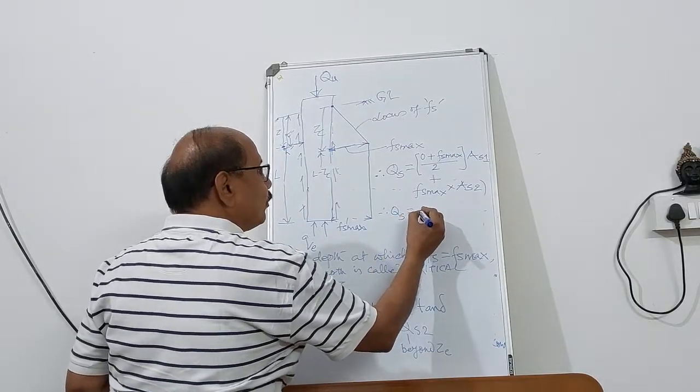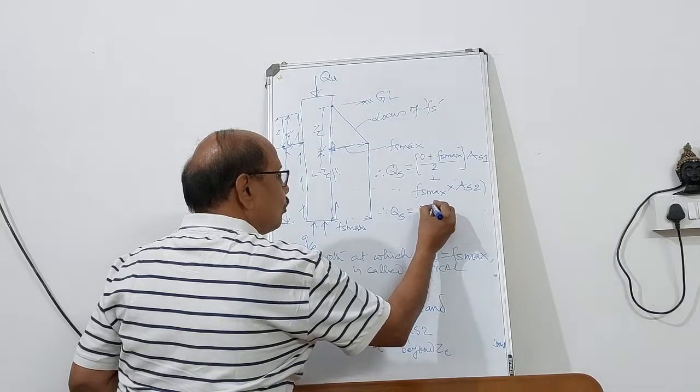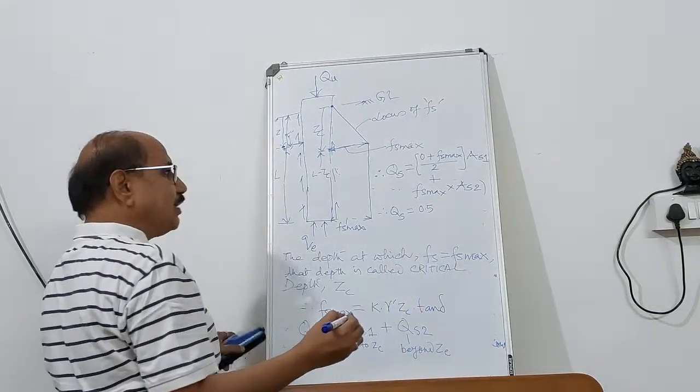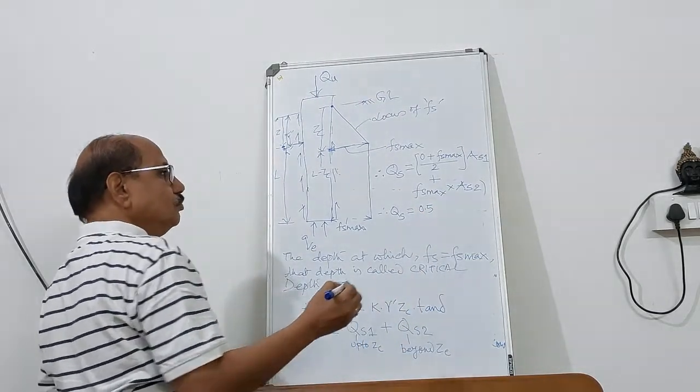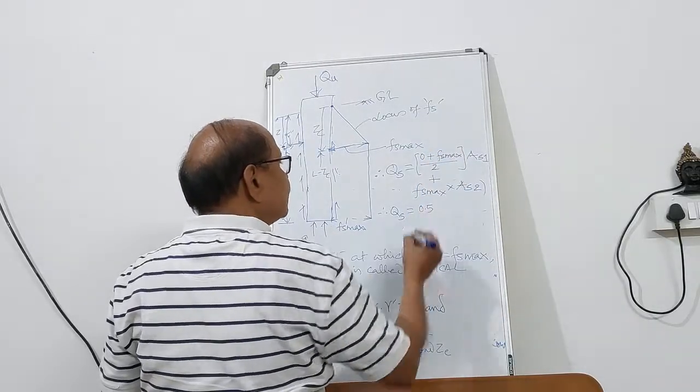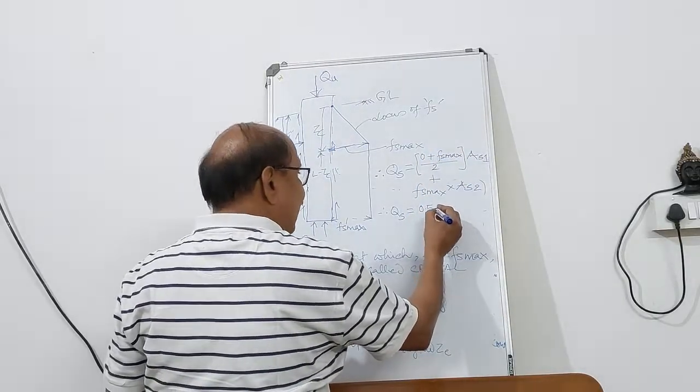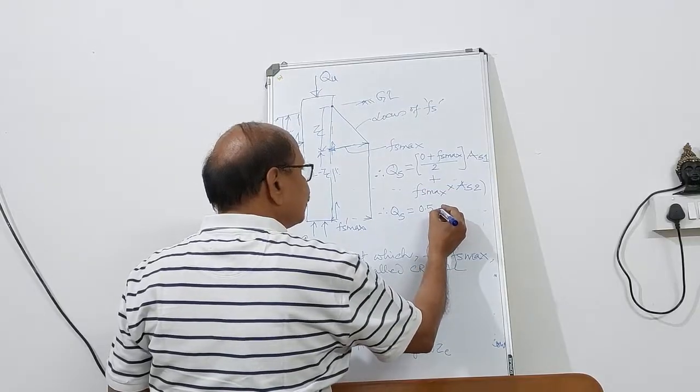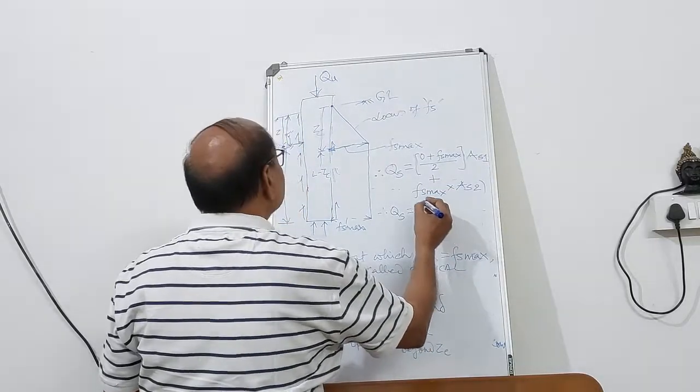So we can say therefore the total skin friction is 0.5 times the value of Fs max, you can substitute it over here.